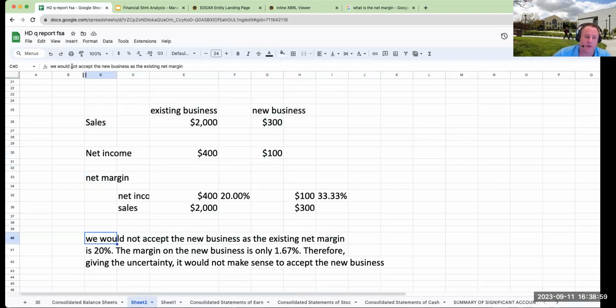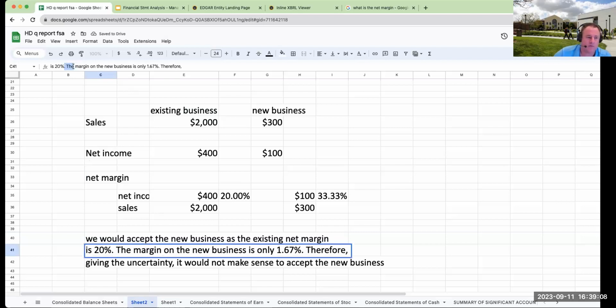And we would accept the new business as the existing net margin is 20%, and the margin on the new business is 33%, which is higher.